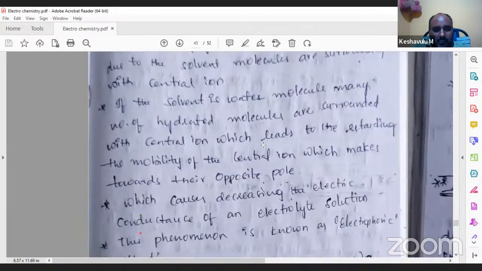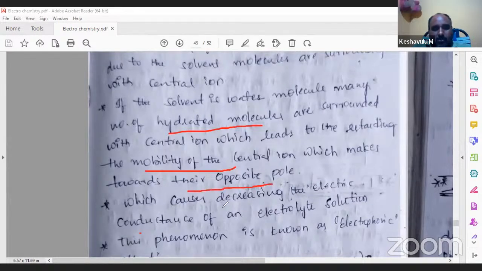If the solvent is water, many hydrated molecules surround the central ion, which retards its mobility toward the opposite pole.